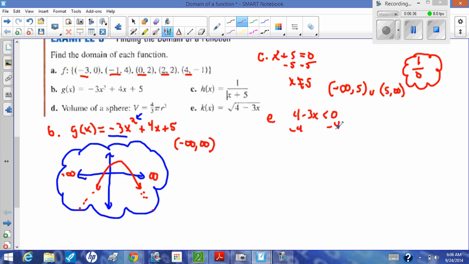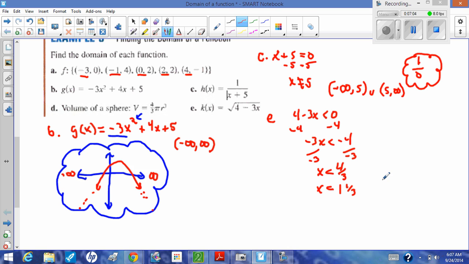With a quick solve, we can see that the values of x that make this negative, all I'm doing is solving my linear inequality, are all the x's that are greater than 4/3, or all the x's that are greater than 1 and 1/3. Okay, so what's my domain?